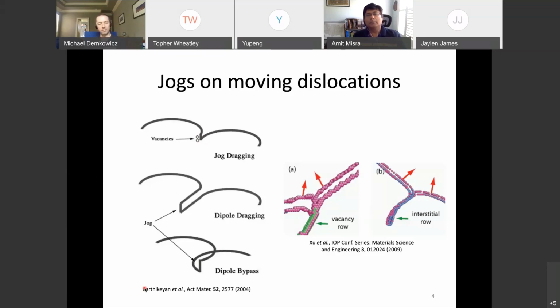I have a quick question. Yep. So you mentioned that the formation of the vacancies or the movement of the jog can happen by diffusion, or dislocation climb can happen by diffusion. Right.